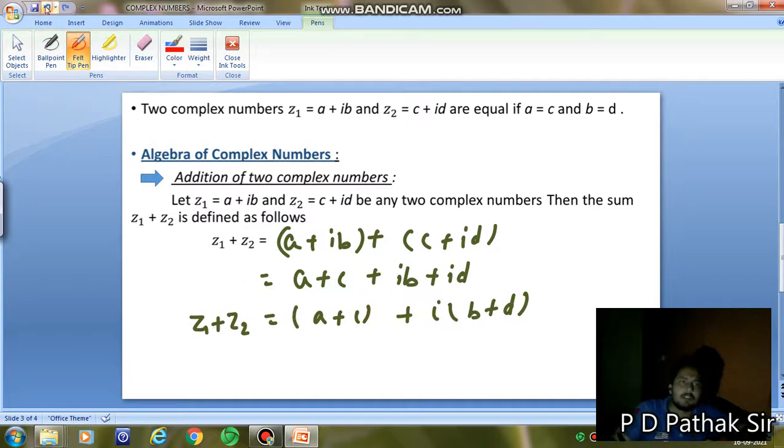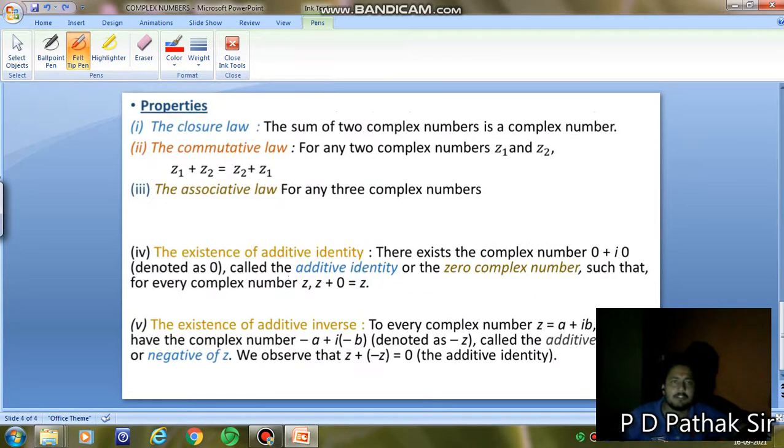Now there are some properties of addition. These properties you have studied from class 8th, 9th and 10th, and you will study them in later classes also.